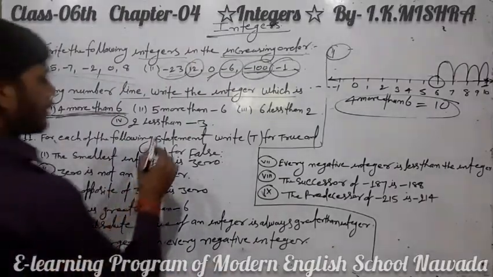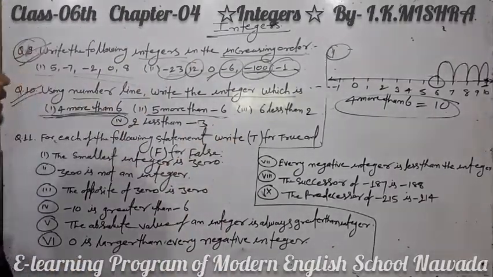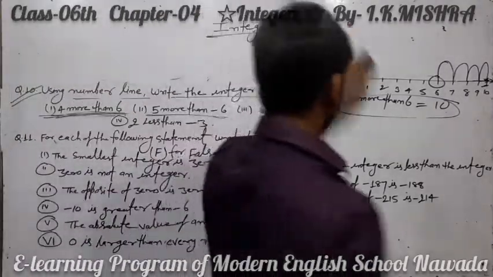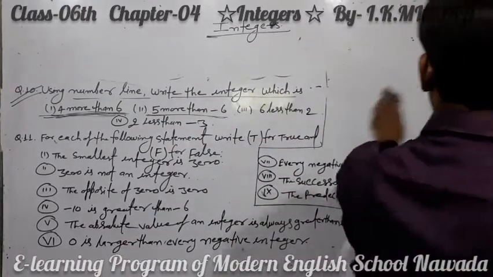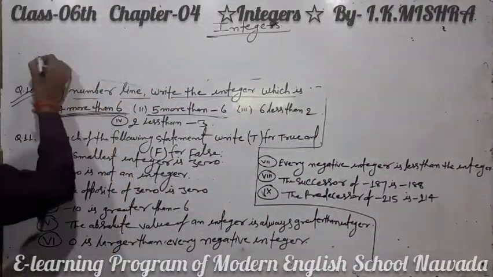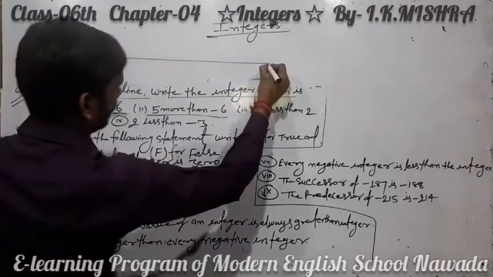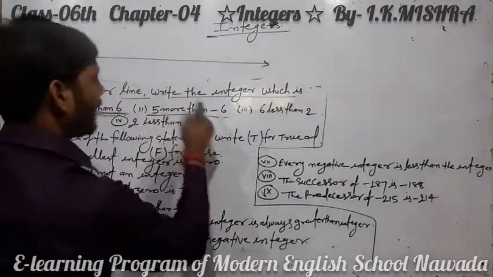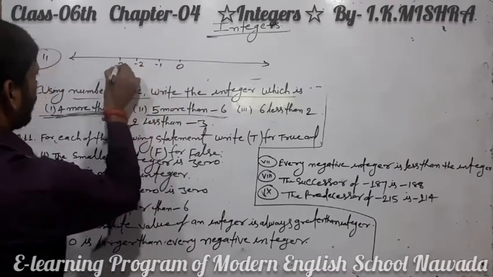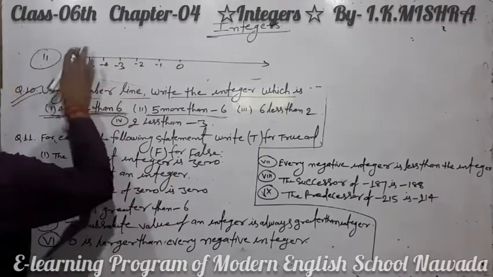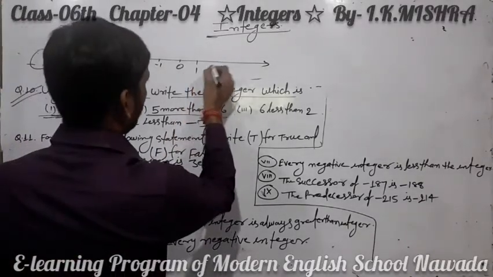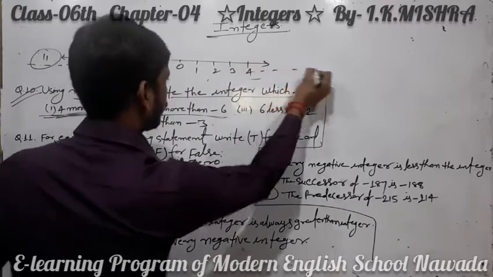Similarly, students, you can do 5 more than minus 6. First of all draw a line. Second question, 5 more than minus 6. Here 0, minus 1, minus 2, minus 3, minus 4, minus 5, minus 6 and so on, and here 1, 2, 3, 4 and so on.